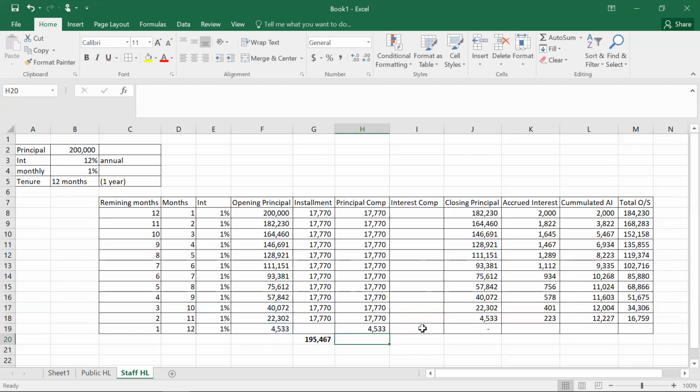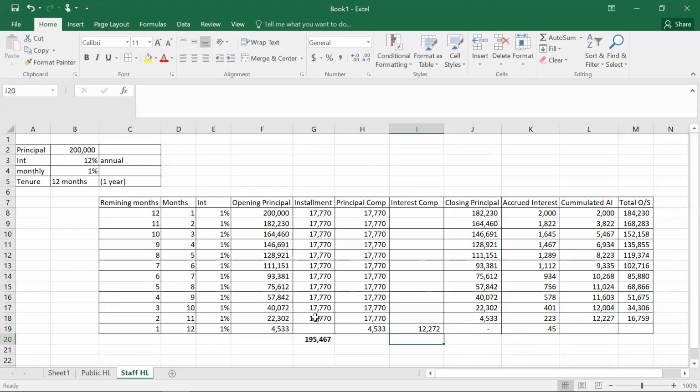What is the interest component? Now you have to recover the entire accrued interest. So this interest component will be the accrued interest cumulated up till last month plus the accrued interest for this particular month.